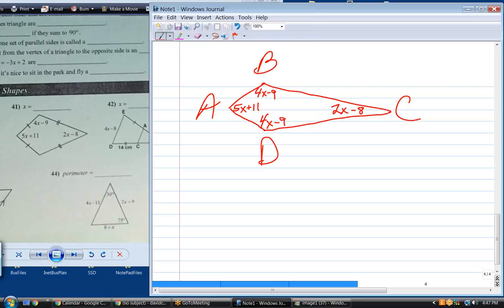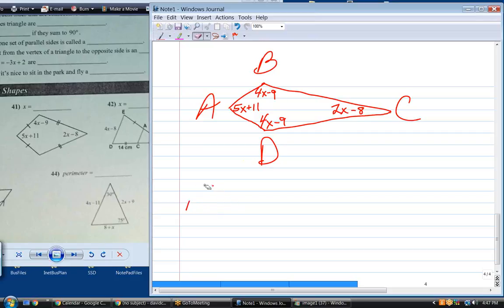What do I know about the sum of those 4 angles? They equal 360 degrees. So, what's the equation that I want to write? 15x minus... You don't have to do all that in your head.